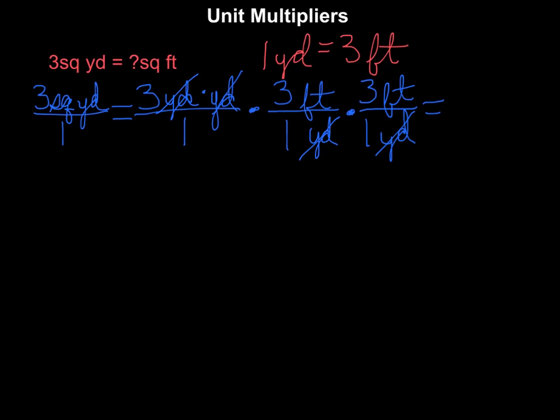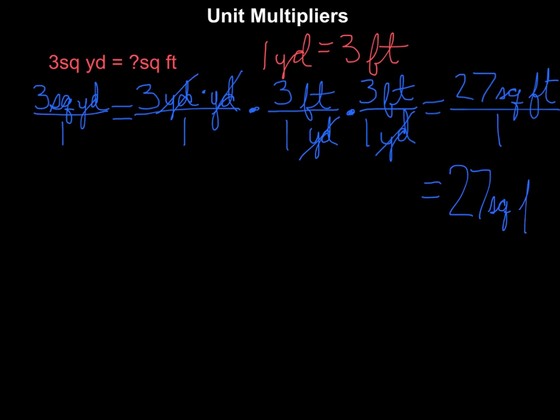I can't reduce any of my numbers, so we're just going to go ahead. 3 times 3 times 3 is 27. And then no units times feet gives me square feet all over 1 with no units, 1 with no units, 1 with no units, 1. Divide your fraction. 27 divided by 1 is 27, and square feet divided by nothing is square feet.